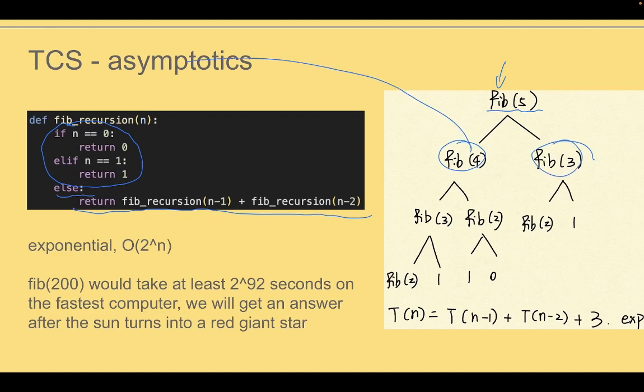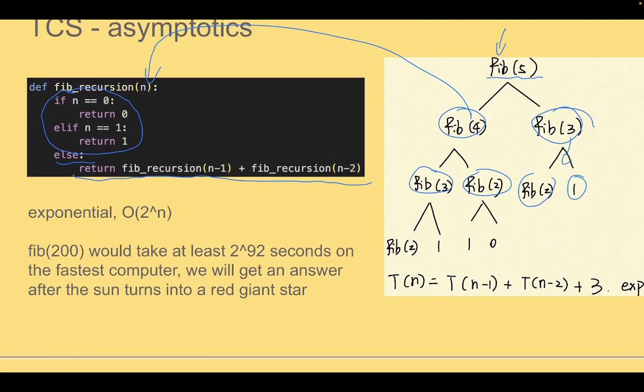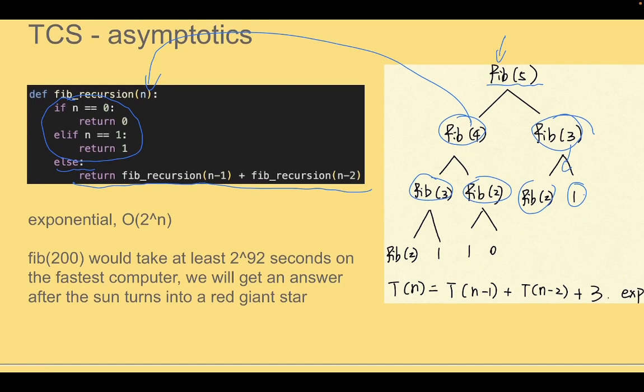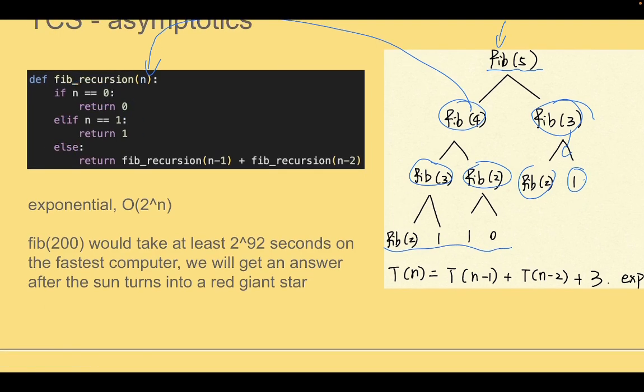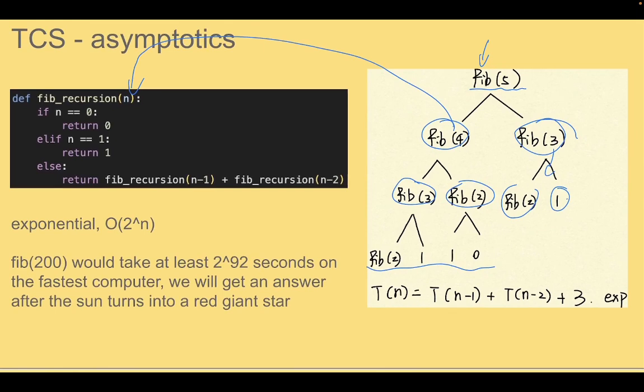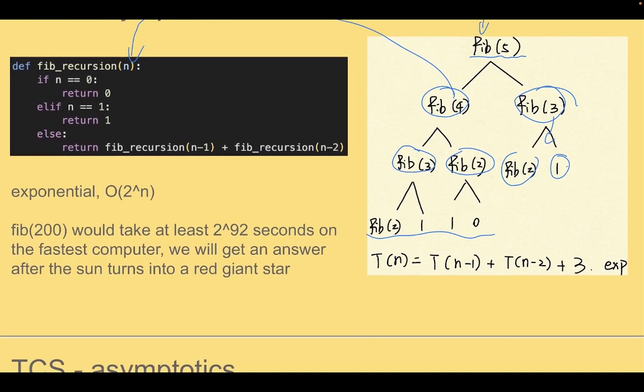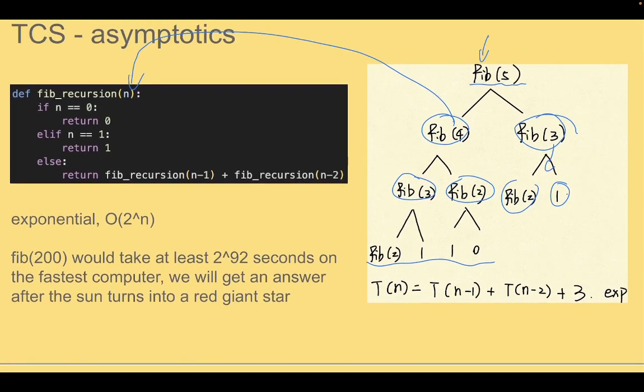Fibonacci 4 goes here again, and it returns 3 and 2, and this one returns 2 and Fib 1, right? And Fib 1 is 1 because I go into this if, right? They are similar, right? So how do we measure the runtime of this Fibonacci recursion algorithm?